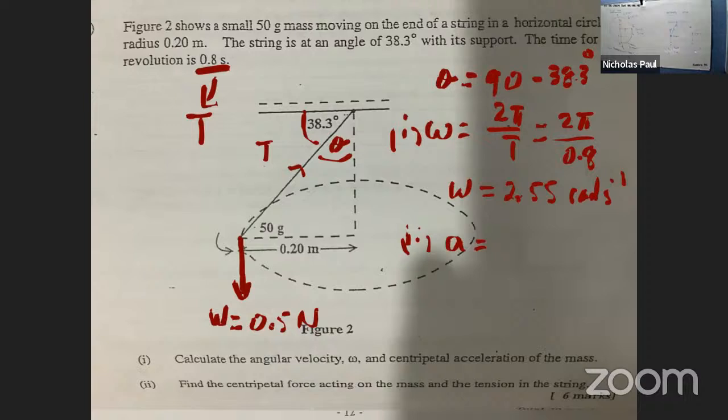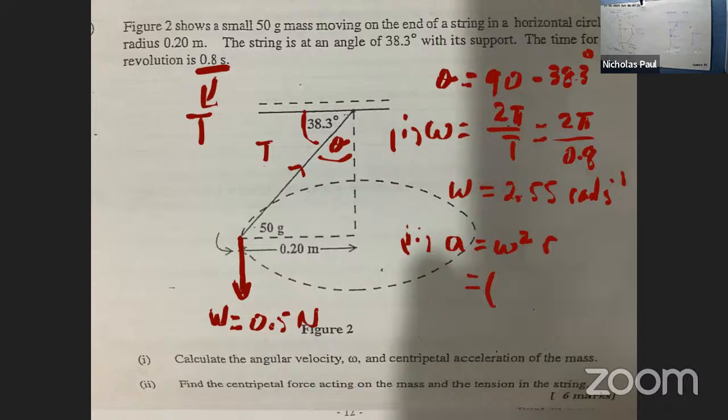Check the formulas. I gave you a long list of formulas there. A is equal to what? Omega squared r. Yes, it's called omega squared, not W. Omega squared r.